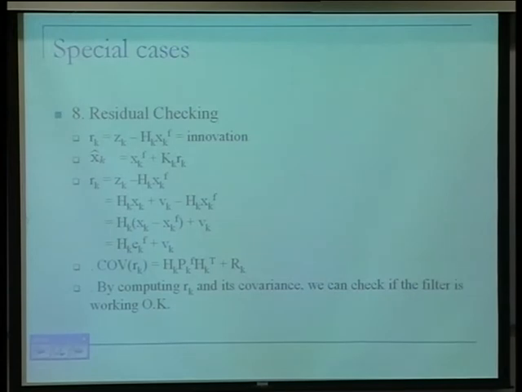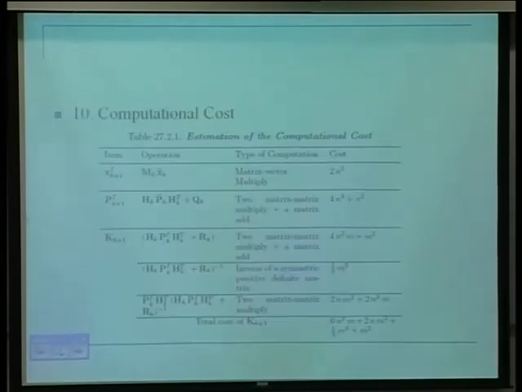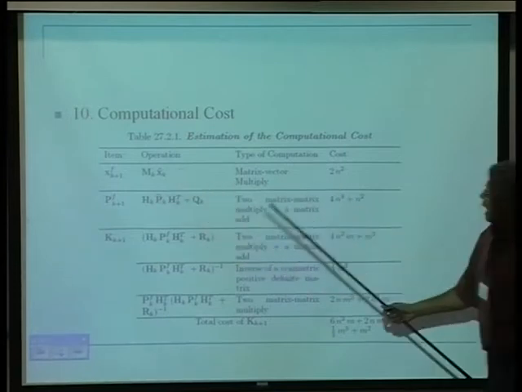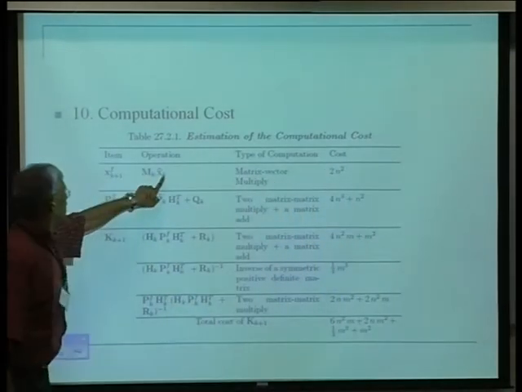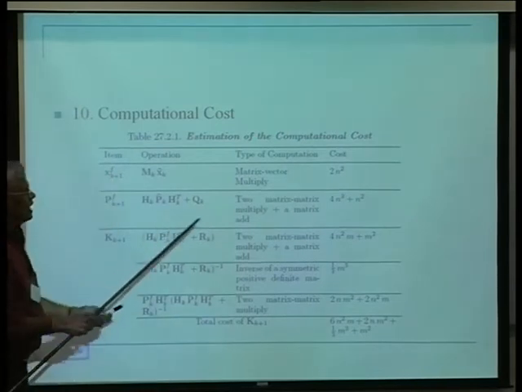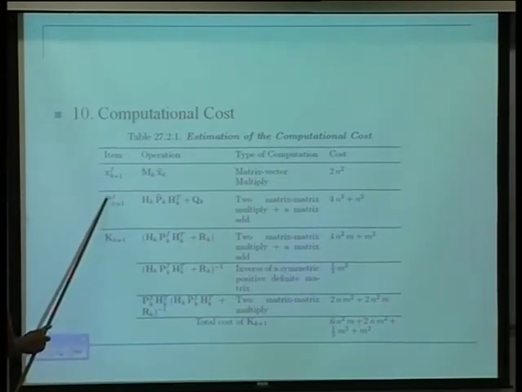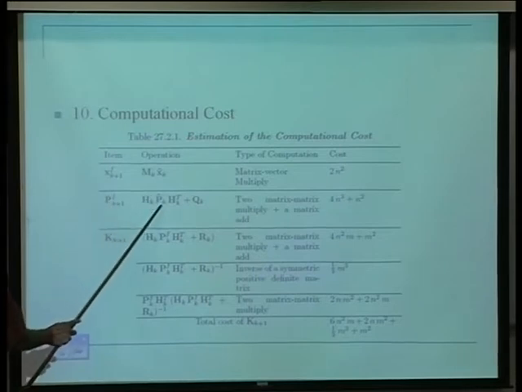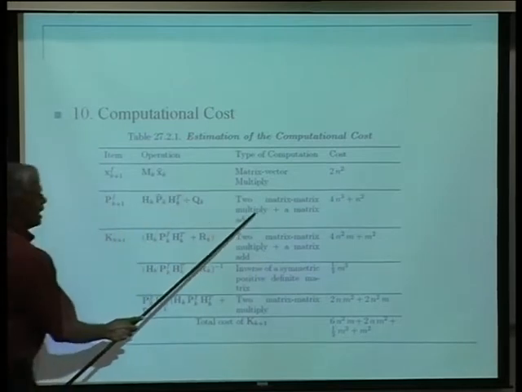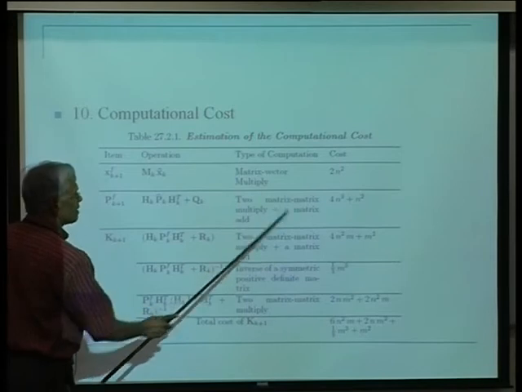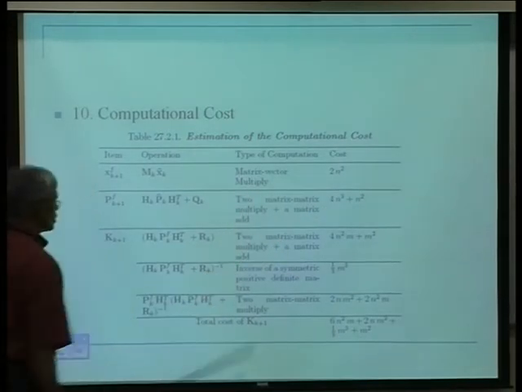These are some sidekicks. Computational cost. I'm going to quickly go through this. So if I have a matrix in here, if I have a vector, to compute the model update, I need to do 2n squared. N is the size of the state vector. To be able to compute the forecast covariance from the analysis covariance using this, I need two matrix multiplies and a matrix add, the 4n cubed plus 2n squared.